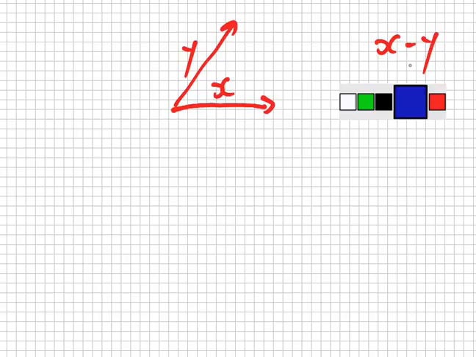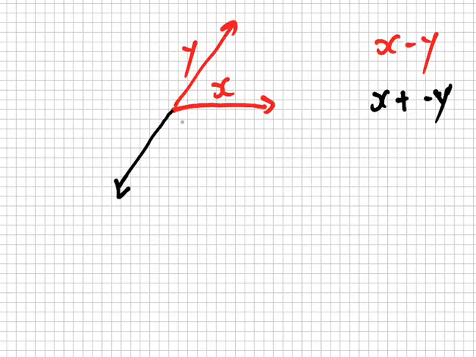So suppose I have here X and Y, and I ask you to do X minus Y. And you might think, well, you only showed us how to add, not how to subtract. But this is the same as adding, because this is the same as x plus minus y. So first we have to get minus y.